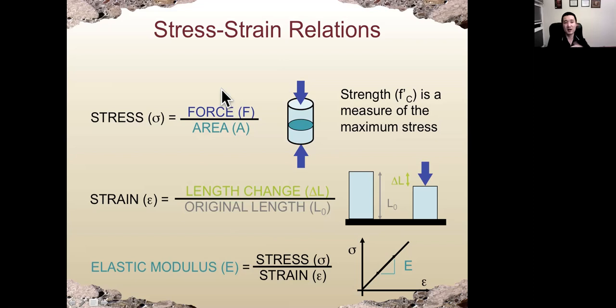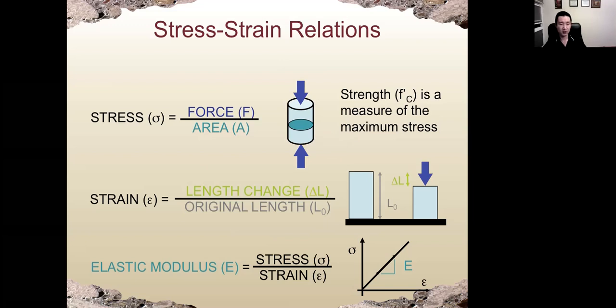Before we further discuss the mechanical properties of concrete, let's review some of the basic information: the stress and strain relationship. The stress, which we also call sigma, is defined as the force divided by the cross-section area A. The strength f'c is the measurement of the maximum stress the material can take before failure.